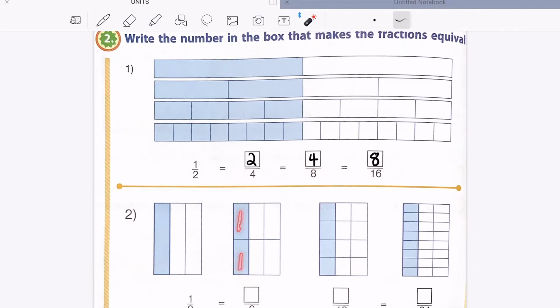So we write 2/6. Then the next part, we see 12. We count 1 through 12, so there are 12 parts. But how many are colored in? 1, 2, 3, 4. 4 parts are colored in. So we write 4/12.